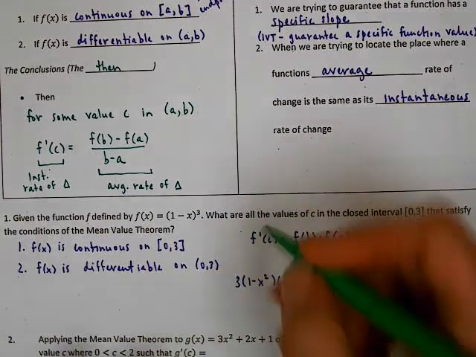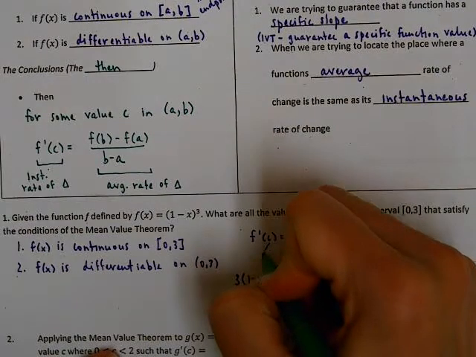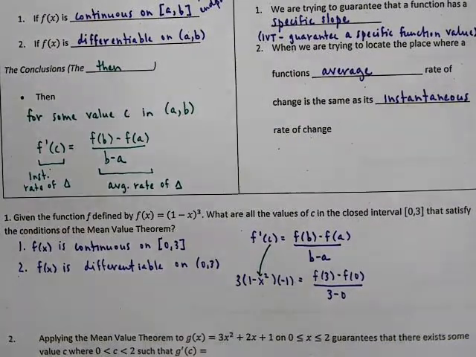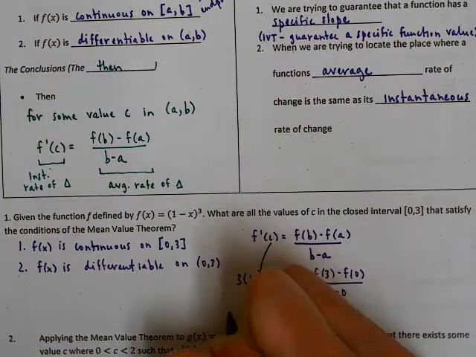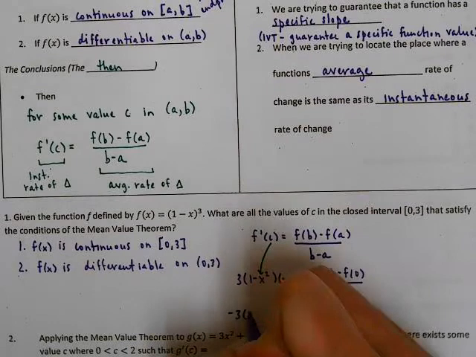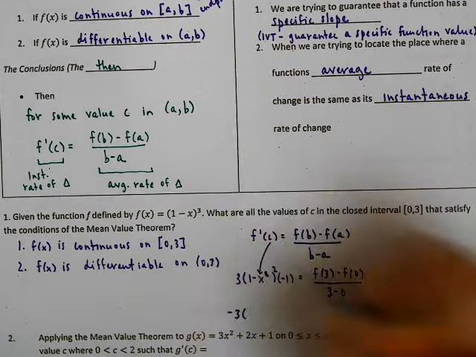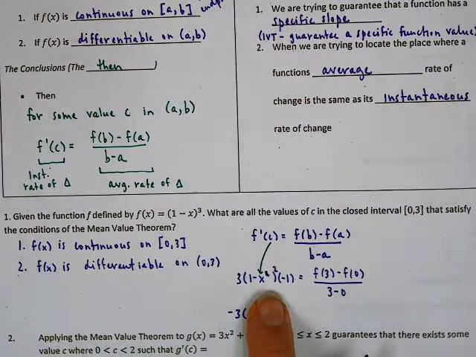Now, I'm going to take this c and substitute it for x. So if I simplify this, I get negative 3 times the quantity, oops, I had my squared in the wrong place. Sorry about that.